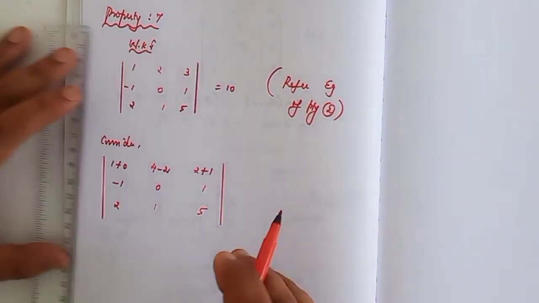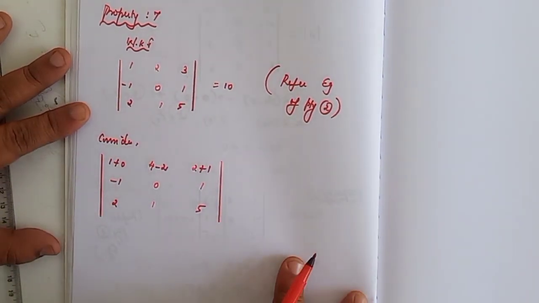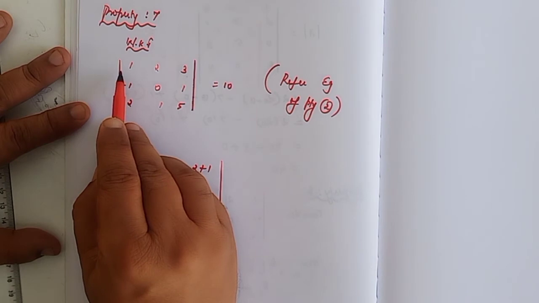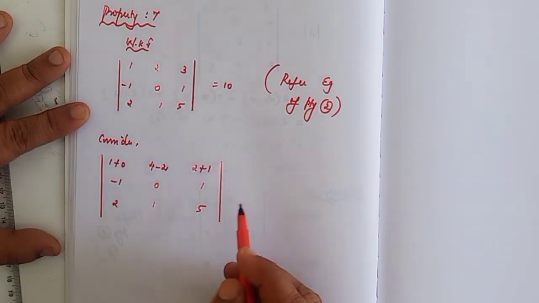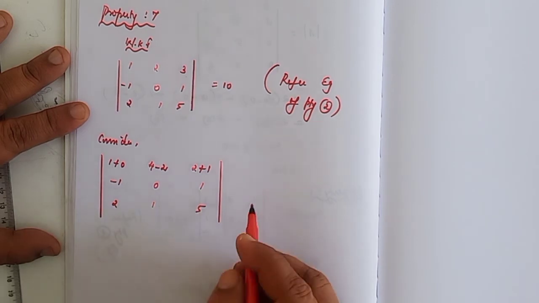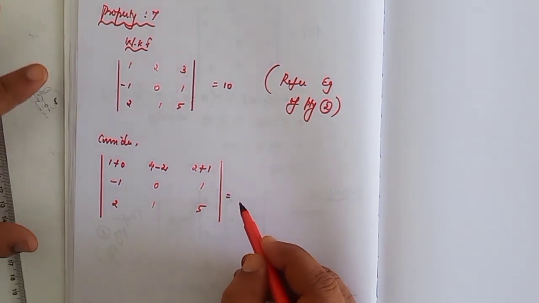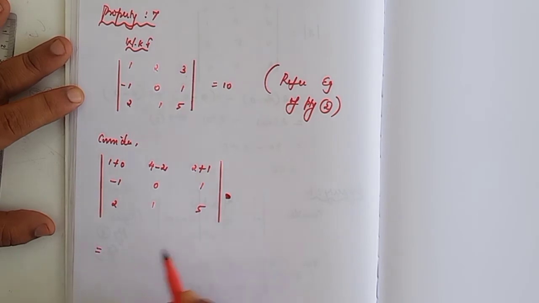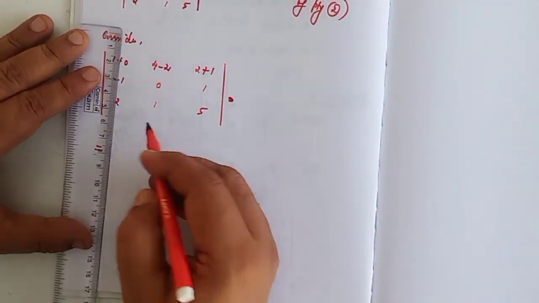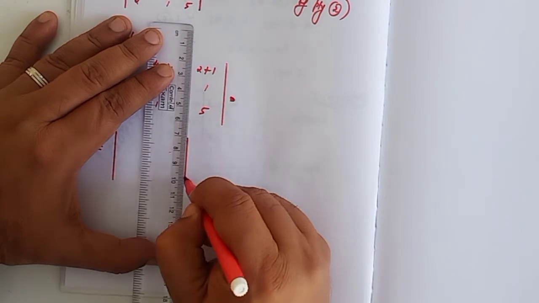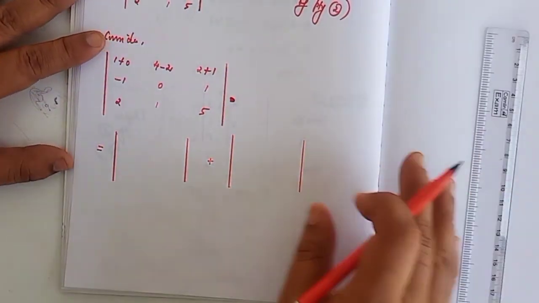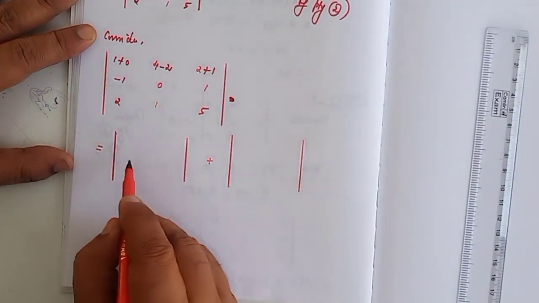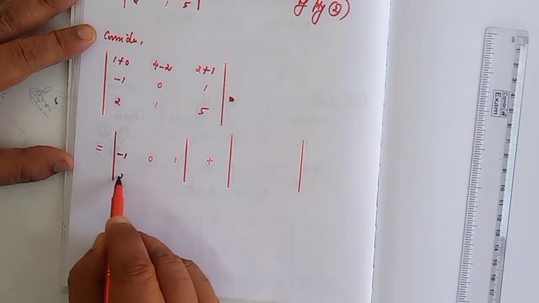So what I have done here, I have written that second row and third row as it is. So instead of 1, 2, 3, I have written 1 plus 0, 4 minus 2 and 2 plus 1. Value wise same only: 2 plus 1, 3, 4 minus 2, 2, 1 plus 0, that is equal to 1. This determinant can be written as the sum of two determinants. I write here, okay, listen. Here write that minus 1, 0, 1, 2, 1, 5.